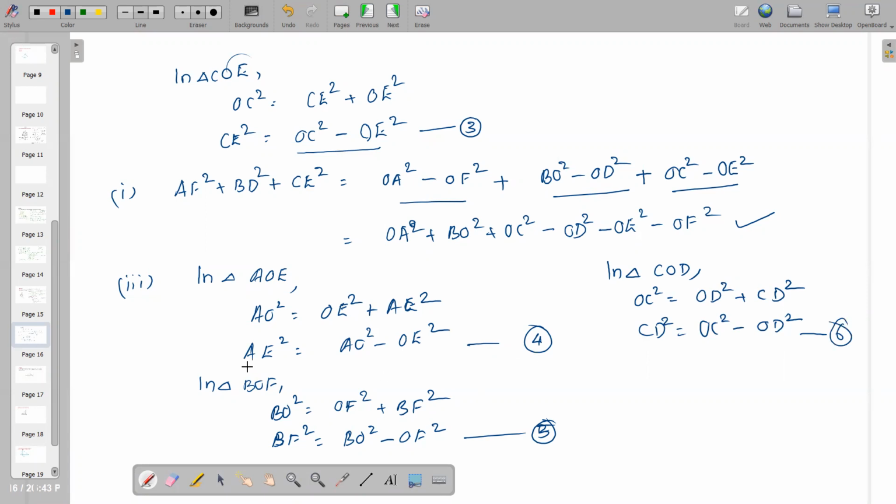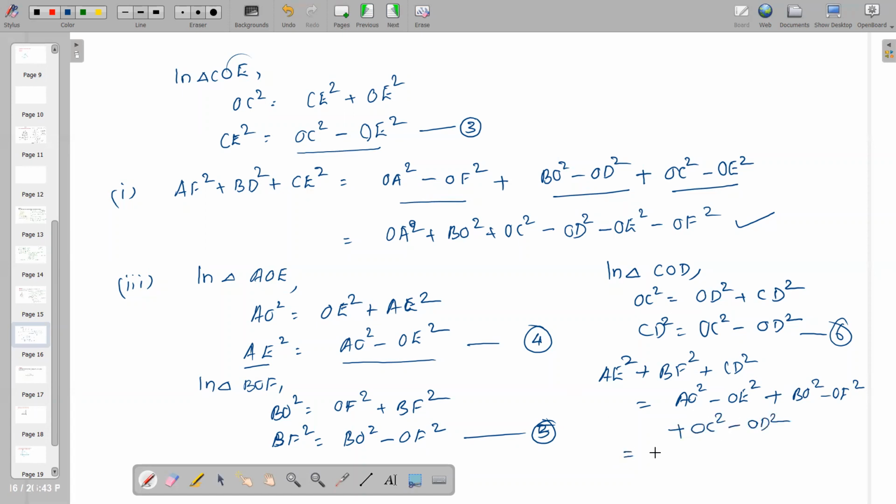What will you get? AE square plus BF square plus CD square equal to AO square minus OE square, plus BO square minus OF square, then the last one, OC square minus OD square.